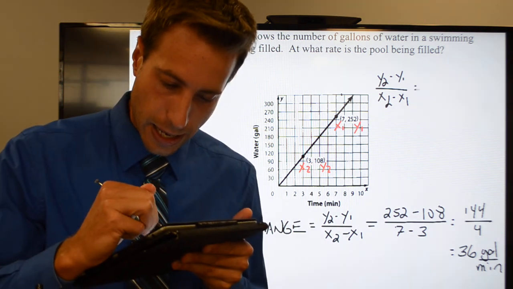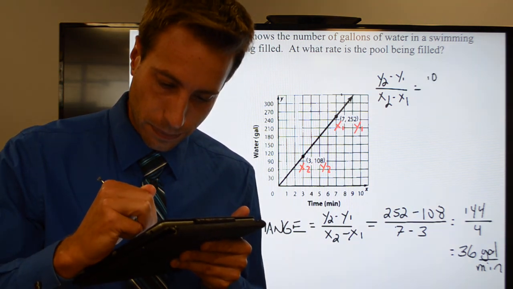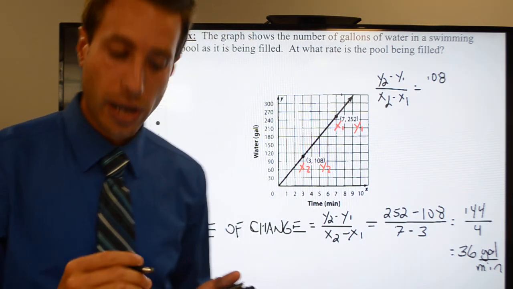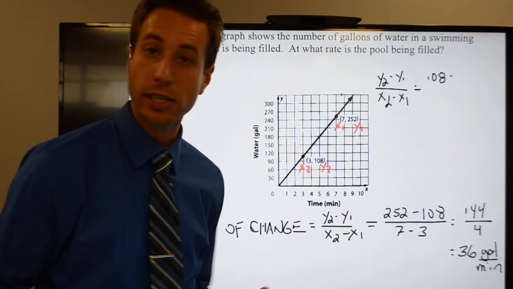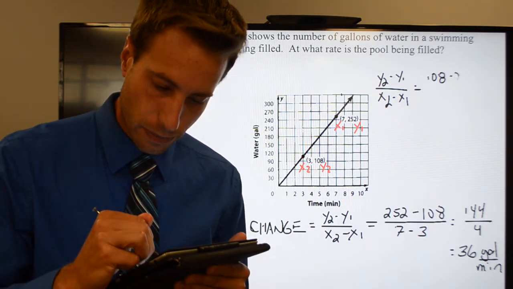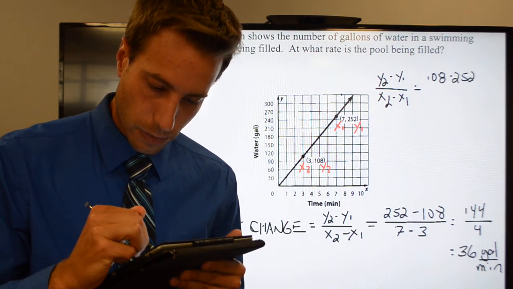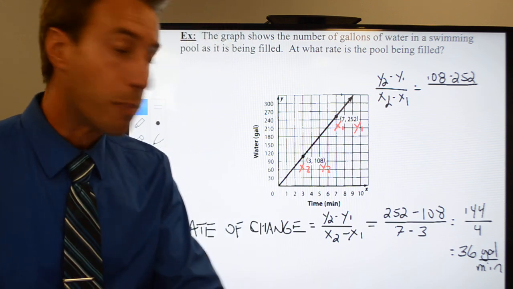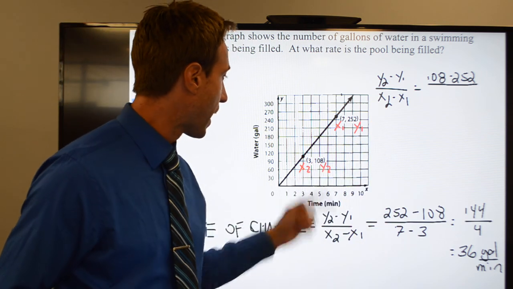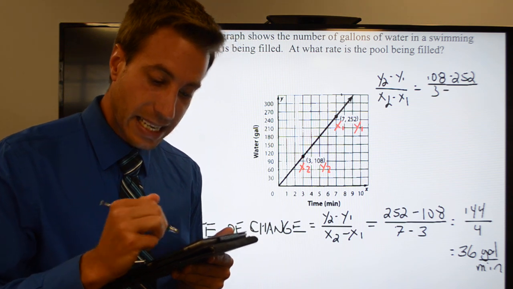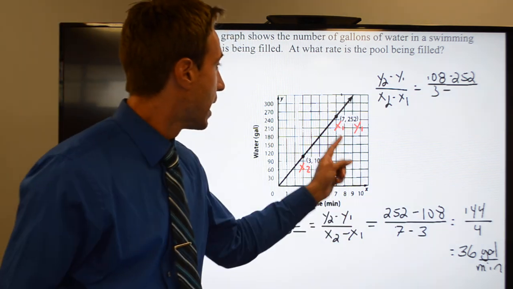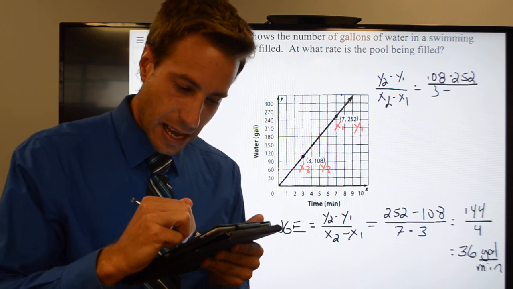So I'm going to have 108. And then we're going to subtract y1. Well, my y1 is 252. All right, now in the bottom, I'm going to have x2. Well, my x2 is a 3. That's going to be minus x1, and my x1 is a 7.